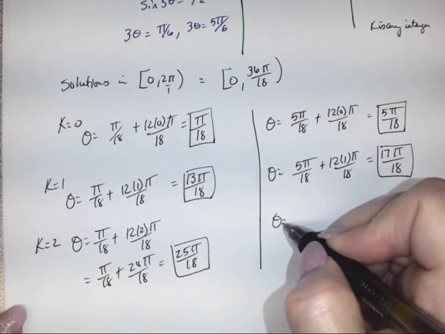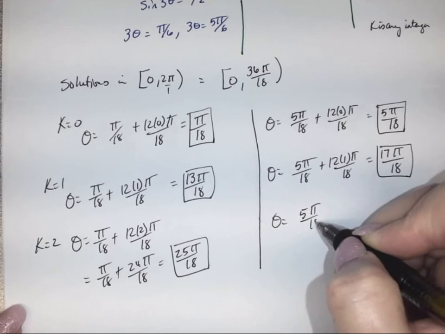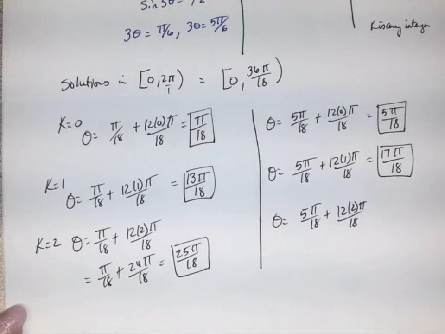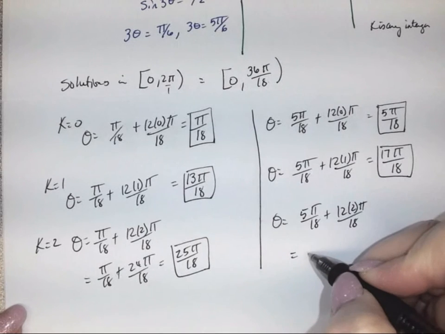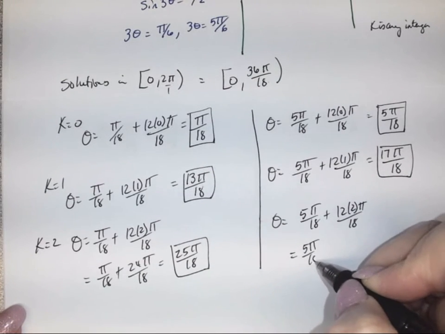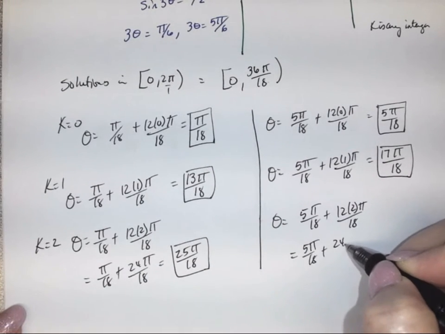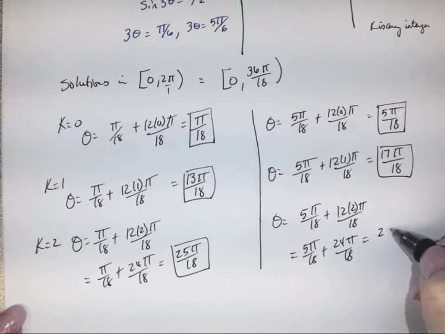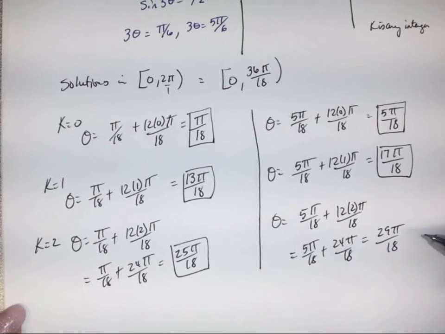Over here, we get theta is equal to 5 pi over 18 plus 12 times 2 pi over 18. Well, that gets us 5 pi over 18 plus 24 pi over 18. That'll get us 29 pi over 18.